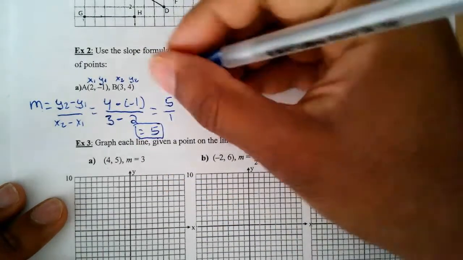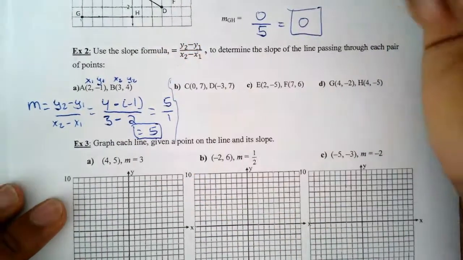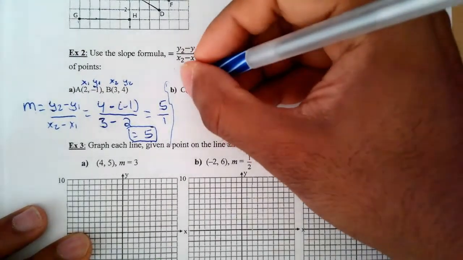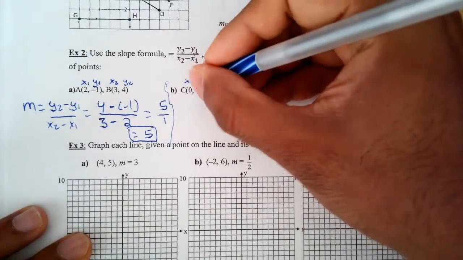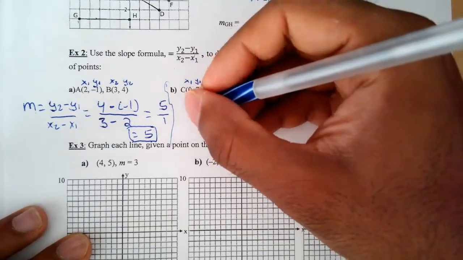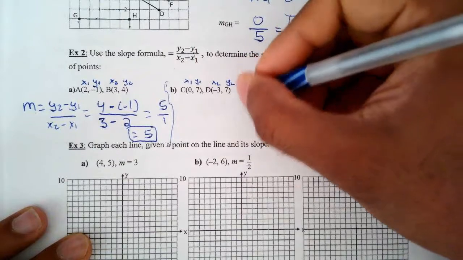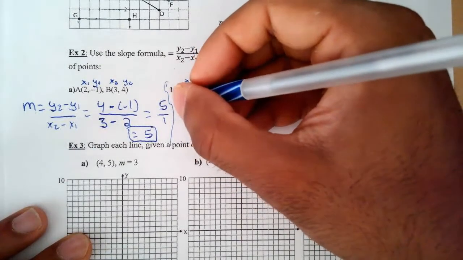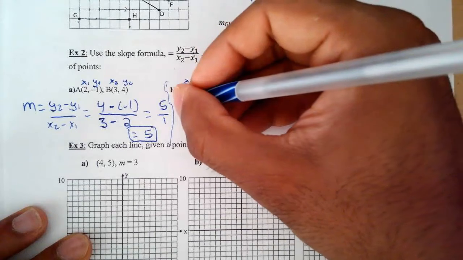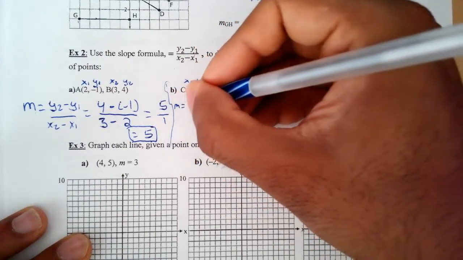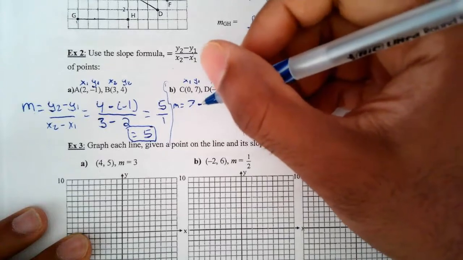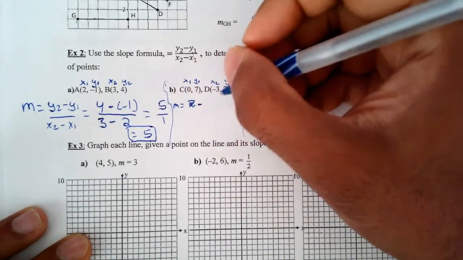Okay, we'll do another one here. So I'll just put a line here so it's fine. Okay, so again, label them x1, y1, x2, y2. Okay, and the formula, I won't write the formula here because there's not much room here. Let's put m equals y2 minus y1.